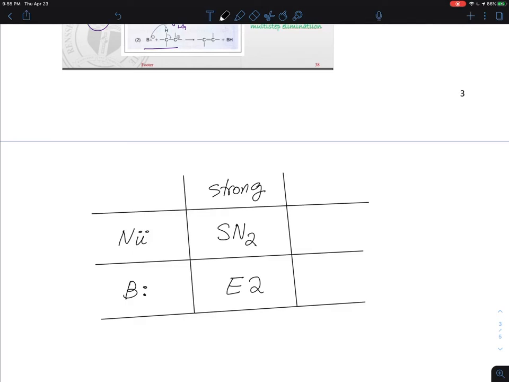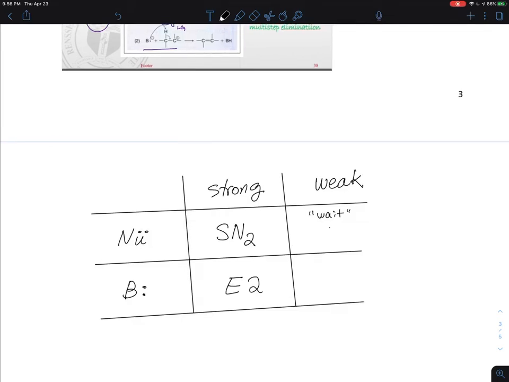In the other case, when your nucleophile is weak, it is not doing anything. It's just going to wait until the leaving group leaves, in a very simple sense. It is the same here: they just wait until they develop the carbocation.